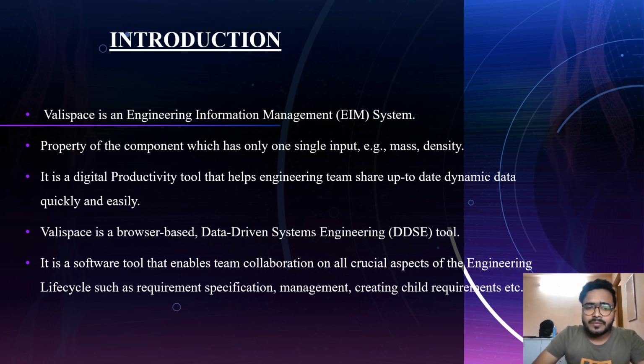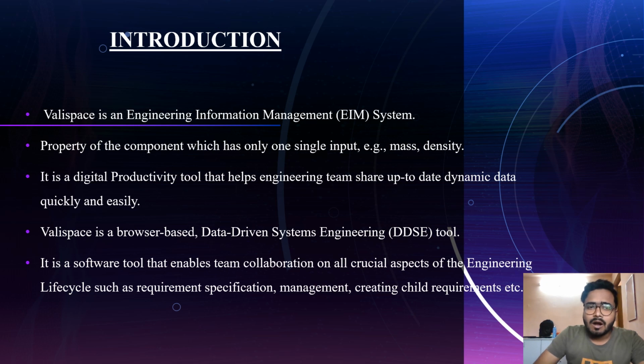Valispace is a browser-based data-driven system engineering tool. It is a software tool that enables team collaboration on all crucial aspects of the engineering lifecycle, such as requirement specification, management, creating child requirement, etc. So that is all about introduction.